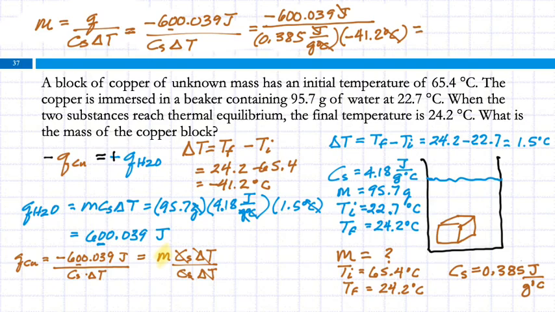So I've got negative 600.039 divided by 0.385 divided by negative 41.2. And this should have two significant figures. So let's round to 38 grams.